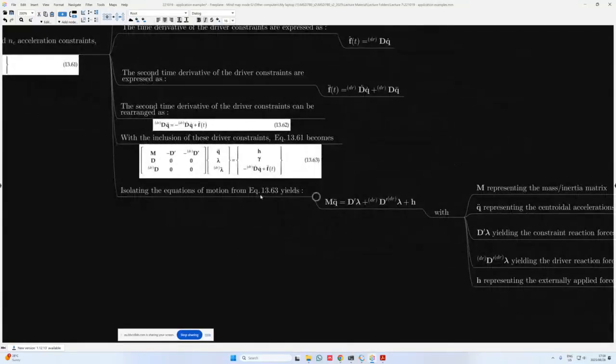If we then isolate the equations of motion from equation 1363, this yields Mq double dot equal to D prime, so the transpose of the constraint Jacobian multiplied by the reaction forces of the kinematic joints, plus then we have the transpose of the driver Jacobian multiplied by lambda plus h. And the Jacobian multiplied by the reaction force is now the important aspect that we're going to focus on when we start looking at the reaction forces in the system.